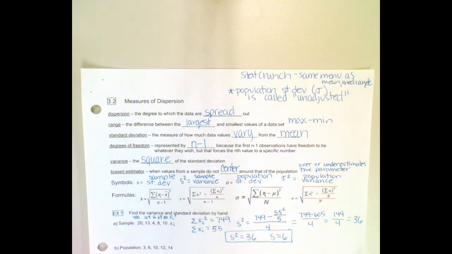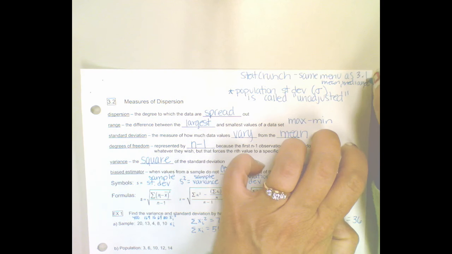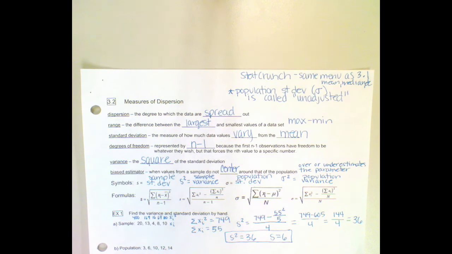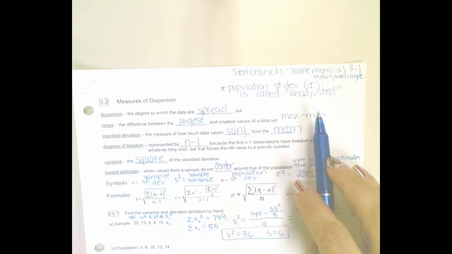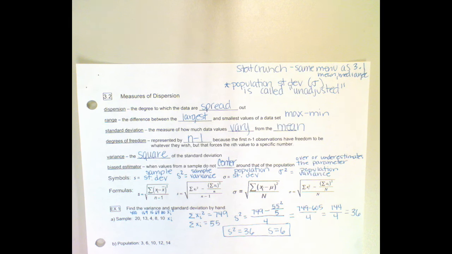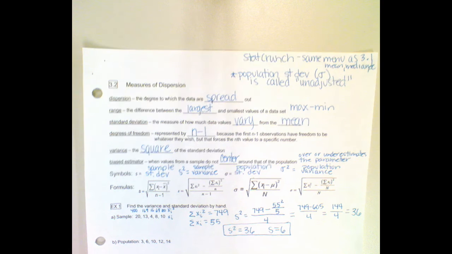So I'm not going to write out the steps for you because, again, they're the exact same menu as in section 3.1. So that same place, Stat, Summary Stats, once you've got your data in, this is the only thing that's new for that. I do want to go back.